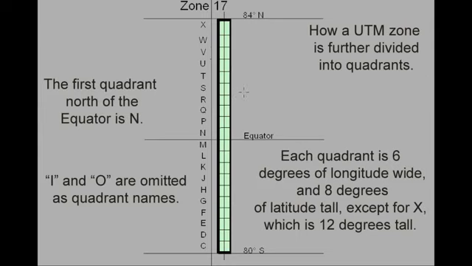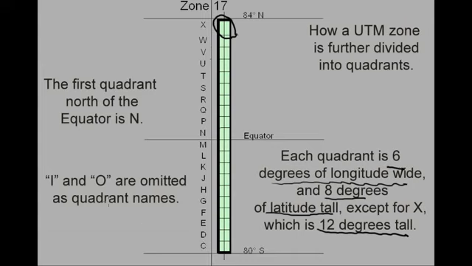Each quadrant is 6 degrees of longitude wide and 8 degrees of latitude tall. Now the only exception here is quadrant X, which is a little different. Quadrant X, instead of being 8 degrees latitude tall, is 12 degrees of latitude tall. The quadrants are lettered, beginning down south with the letter C and ending up north with the letter X.